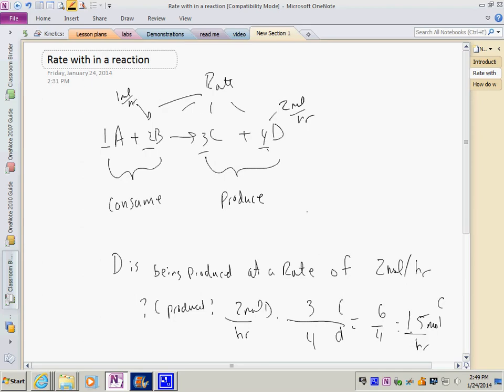The math would be 2 moles per hour, dot line, this is of D, get rid of D, go to B, use my stoic ratio, 4:2 ratio, the answer is 1 B per hour. Now, sometimes it may have it be negative because you are using it, or you're losing that amount per hour, so it would be negative. I call it rate within the reaction. Other than the general introduction to stoichiometry, this is my first main concept of this topic.